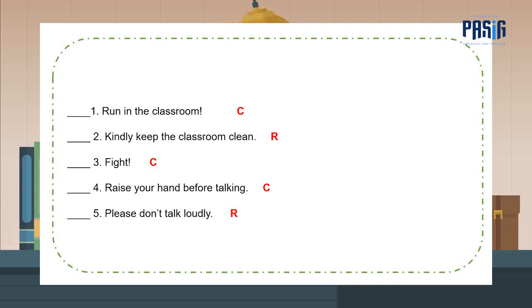That is C, command. Number 4, raise your hand before talking. You are correct. It's C, command. And number 5, please don't talk loudly. You are right. It's R, request.